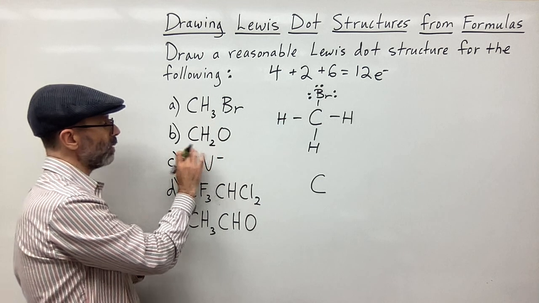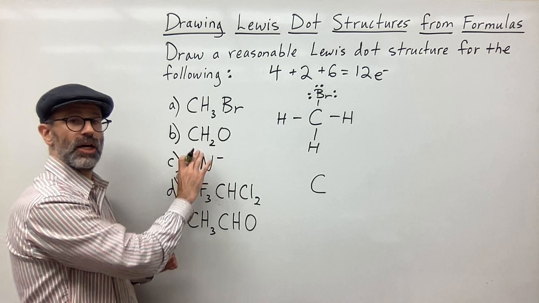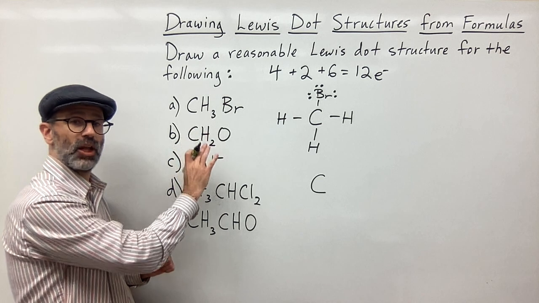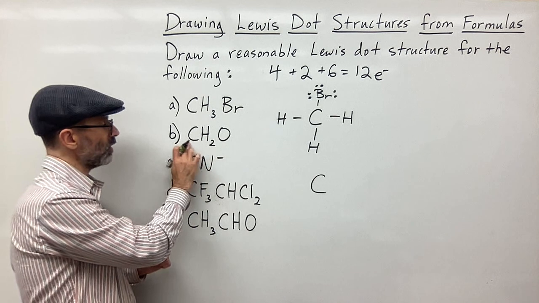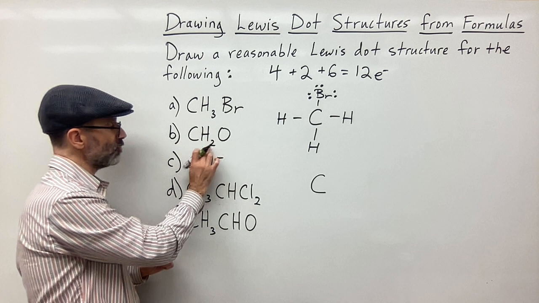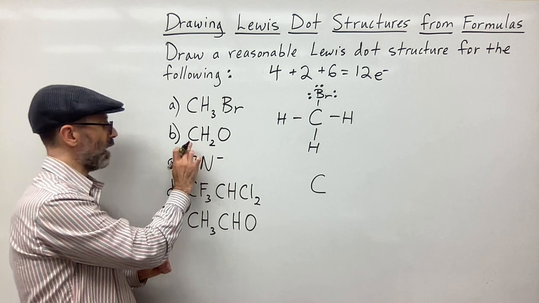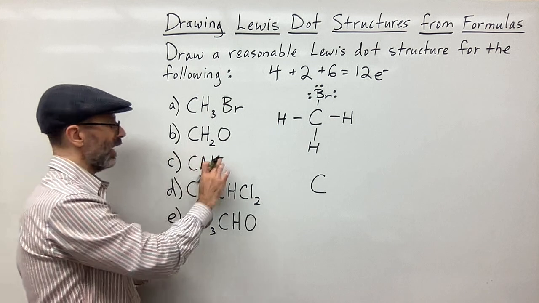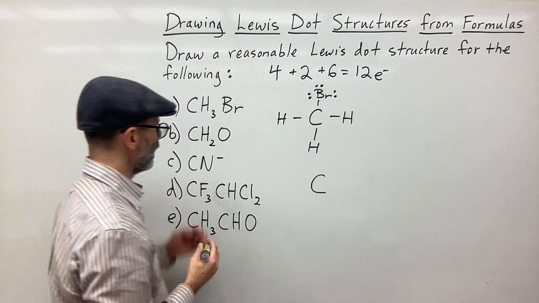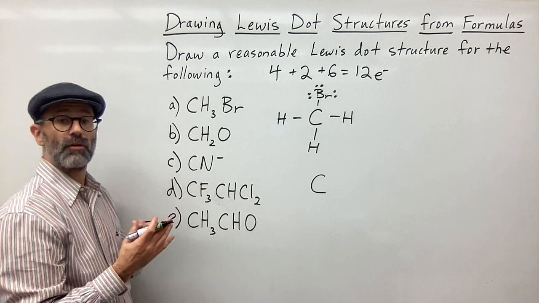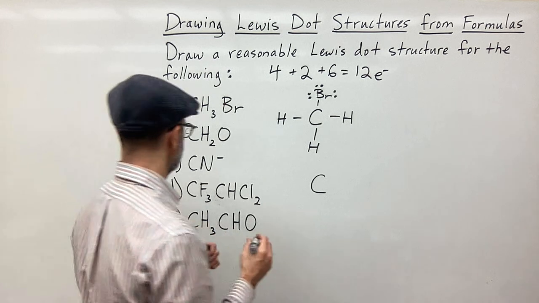One thing you can remember is that hydrogens are bonded usually to the atom that they are following. So carbon is here, so hydrogen is following carbon. So we can see that hydrogen is going to be bonded to the carbon. And then oxygen is also going to be bonded to the carbon.